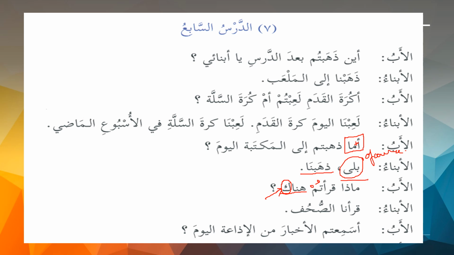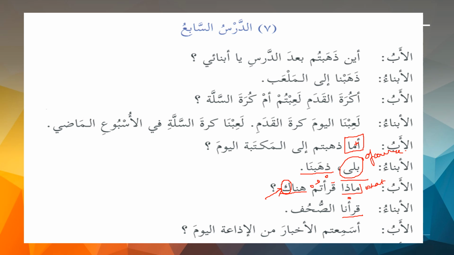So he wants to know ماذا قرأتم, and maza is another questioning tool. So in this conversation you have come across so many question tools. Maza means what did you read there? So they said قرأنا. Now they have already done it because it's a past tense.